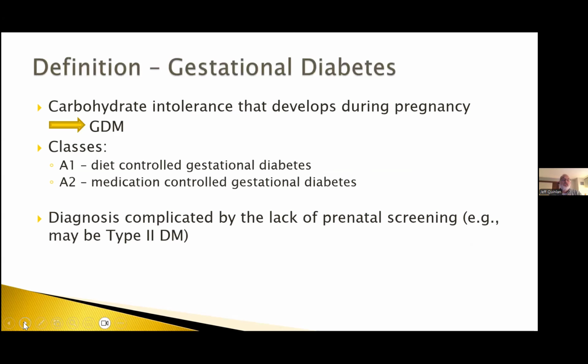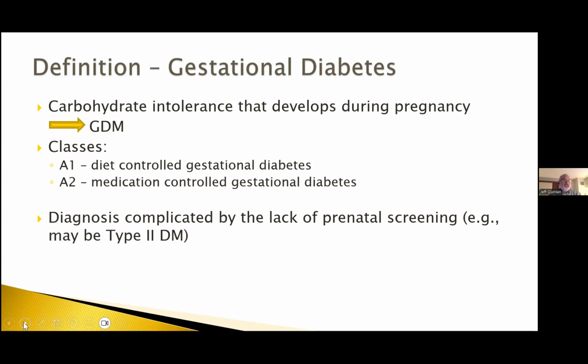So gestational diabetes develops because as the gestation goes on, there's increasing carbohydrate or glucose intolerance. And if that intolerance gets to be too much, then ultimately that becomes gestational diabetes.